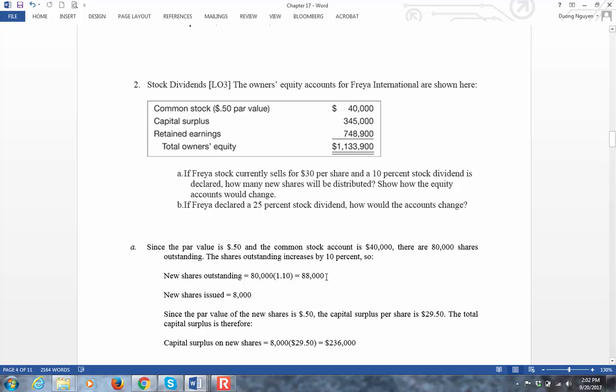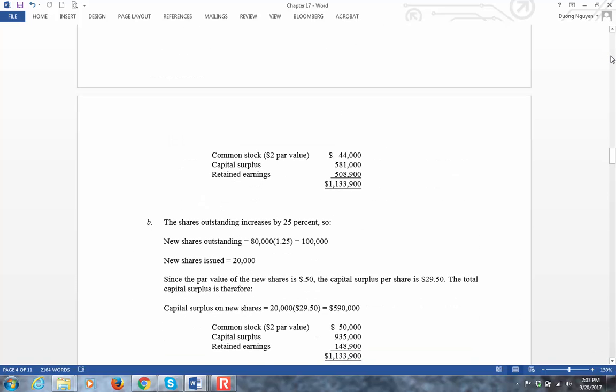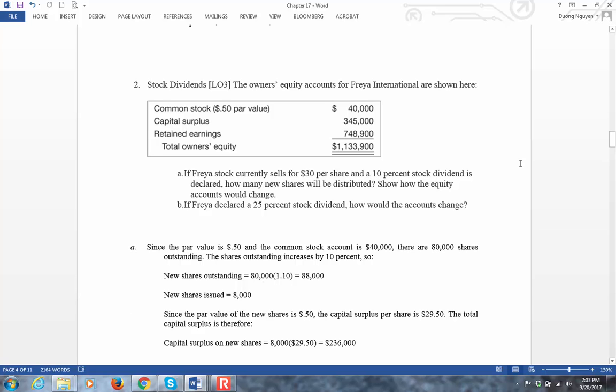So when the company announces a 10% stock dividend, the new shares that they issue will be 8,000 shares, because currently there are 80,000 shares and the new number of shares is 88,000. The par value of a new share is 50 cents, and the current price right now is $30.